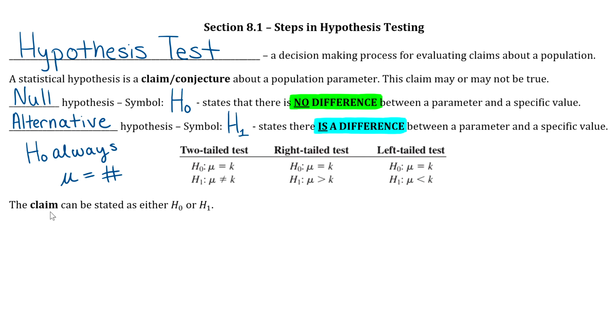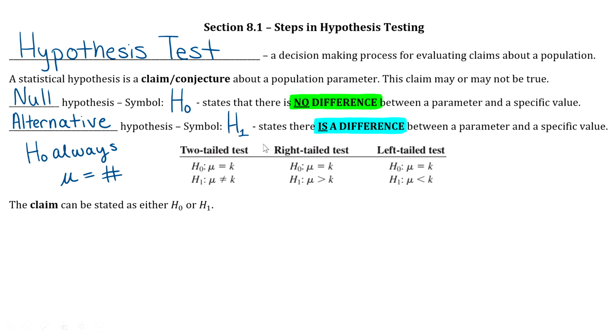Throughout this chapter and our other chapters, we'll change mu depending on what we're testing, but I'm just going to use the mean for right now because that's going to be the first one that we'll learn about. Okay, so for H naught, it's always going to be that your population mean mu is equal to some number, which we're just representing by a K here.